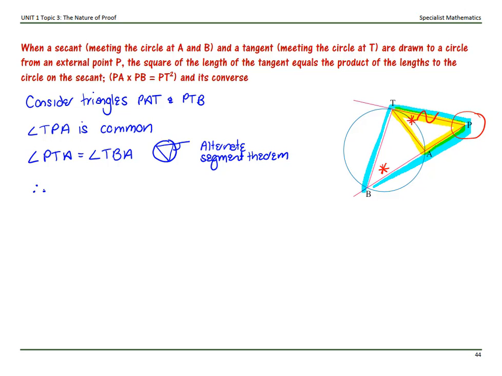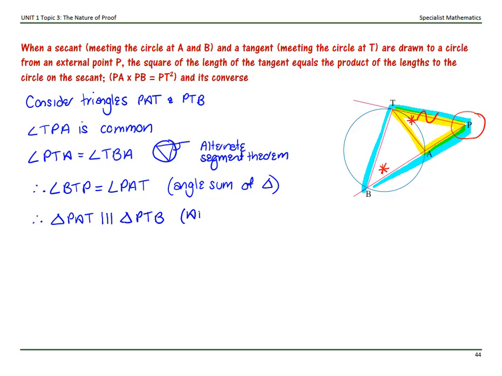So therefore, the third angle of each triangle has to be the same. So angle BTP has to equal angle PAT because of the angle sum of a triangle. Therefore, triangle PAT has to be similar to triangle PTB, and the reason is it's got three equal angles.